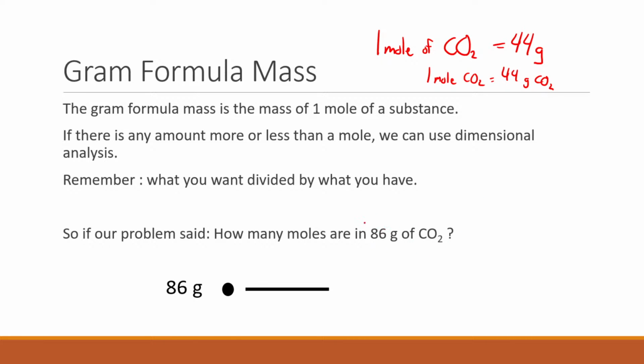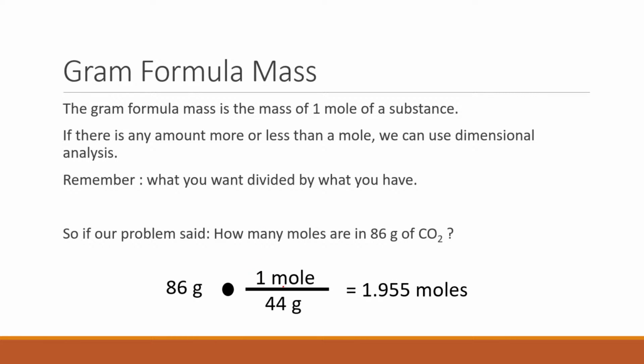We have 86. So I'm thinking a little bit less than 2 moles should be the number I come up with. We can plug in values. Using our dimensional analysis, something that will cancel out grams but keep moles. And end up with a number that's 1.955, which is exactly what we expected. A little bit less than 2 moles.